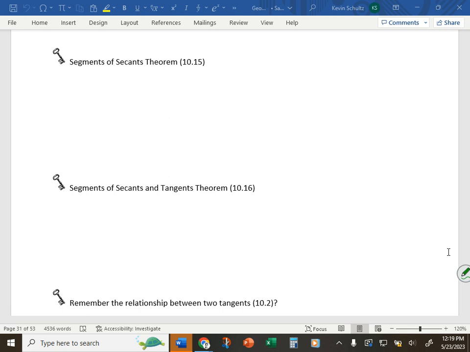So if we have two secants that start outside the circle and pass through, this one's a little bit tricky because we just got off of that part relationship.